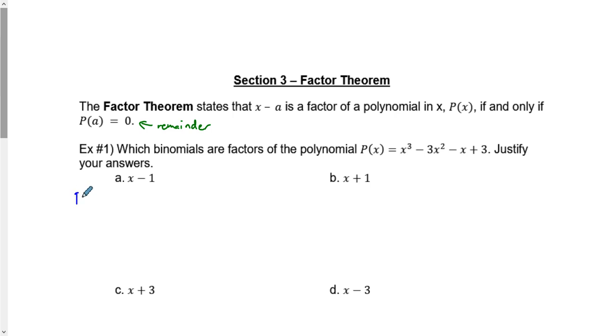So our question is, where does x minus 1 equal 0? Well, at x equals 1. So if we were to plug 1 into this polynomial, 1 cubed, subtracting 3, multiplied by 1 squared, subtracting 1, adding 3.